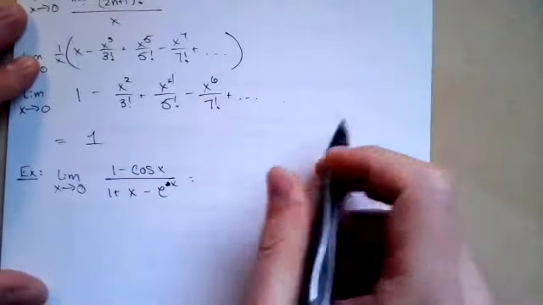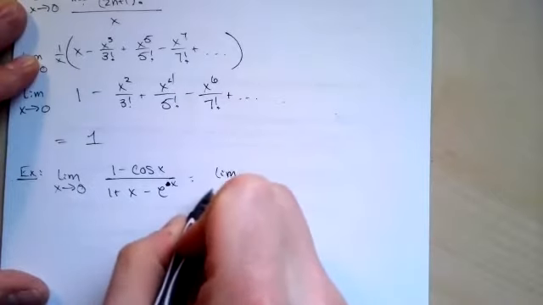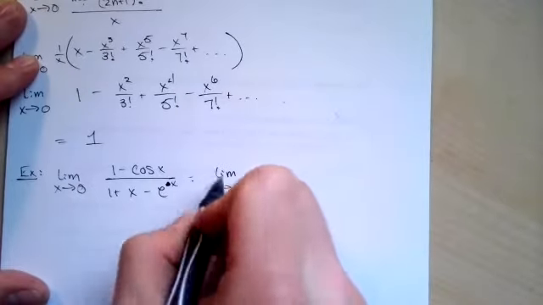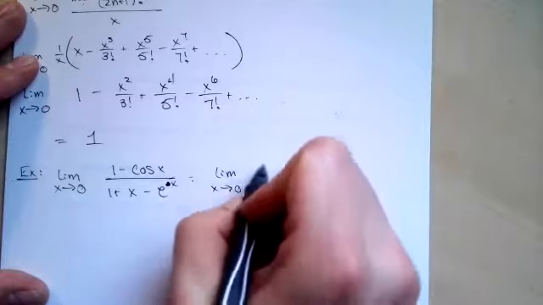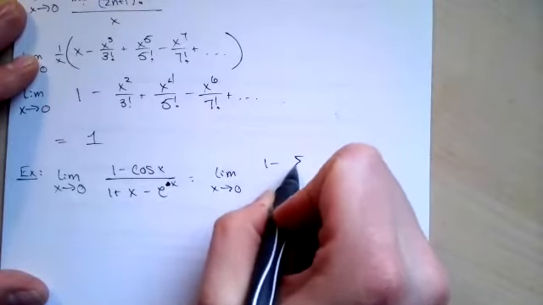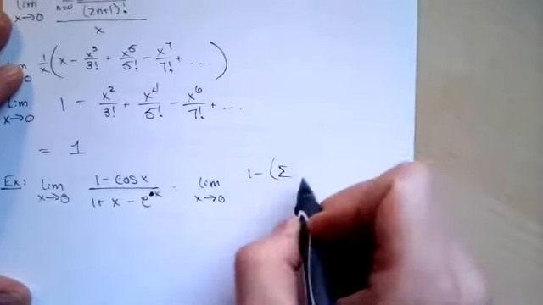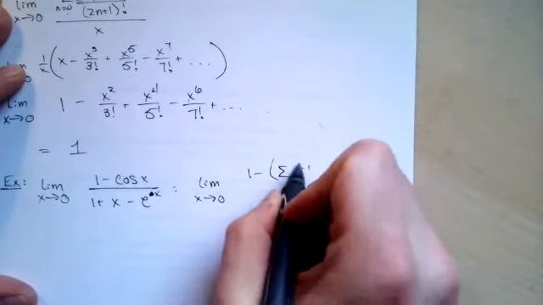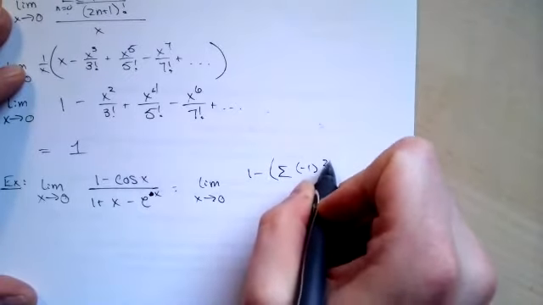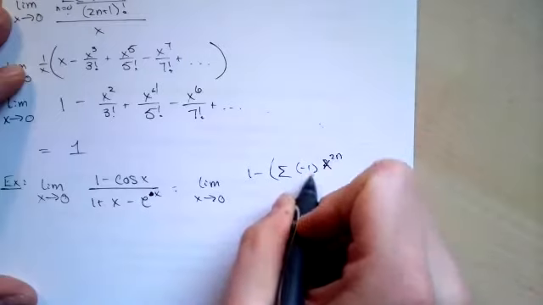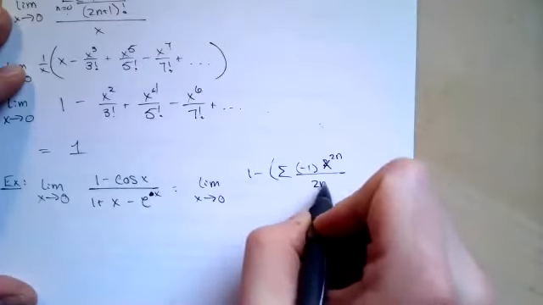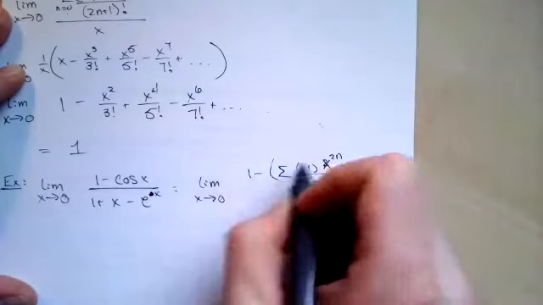we can do the same process by simply replacing all of the non-polynomials with their Taylor series. So cosine x will be the even terms.